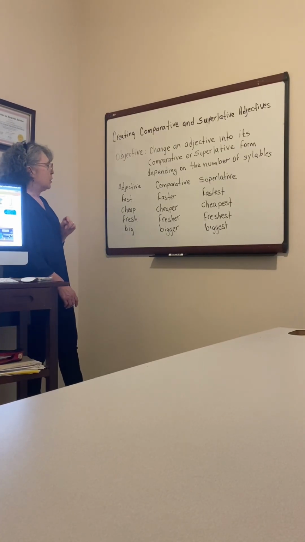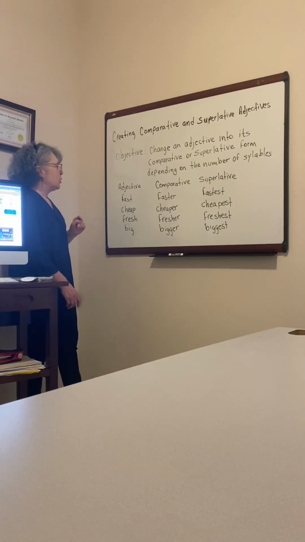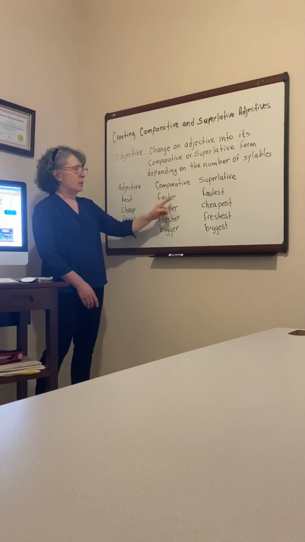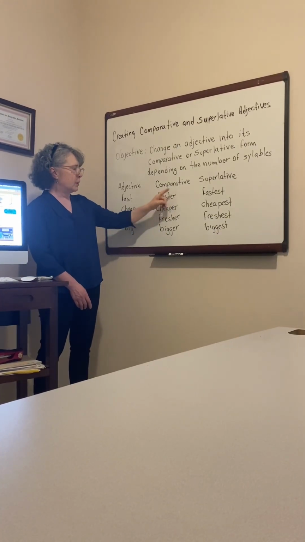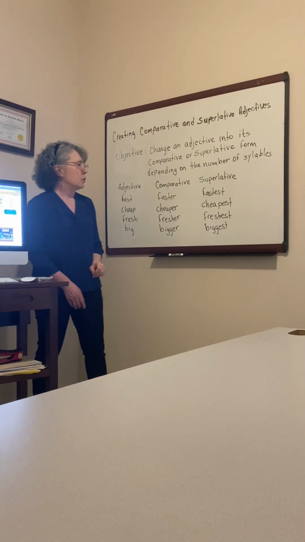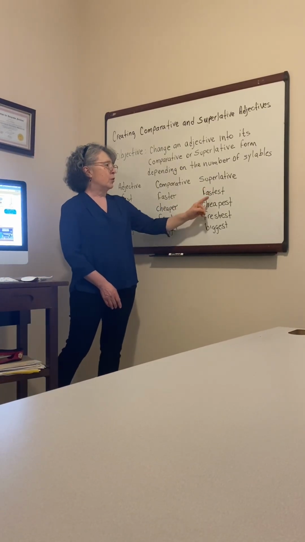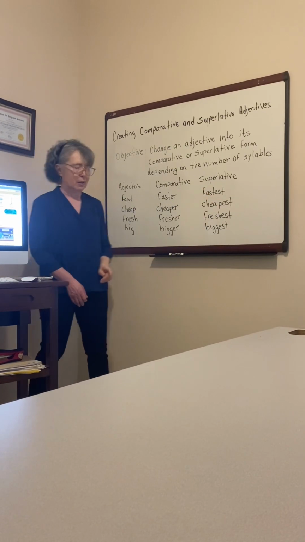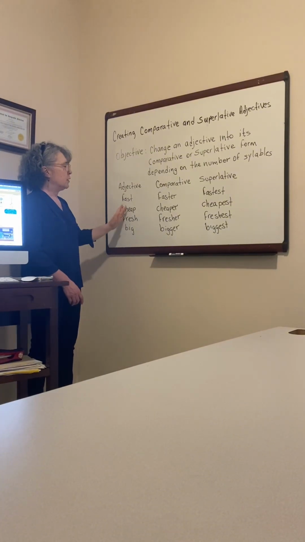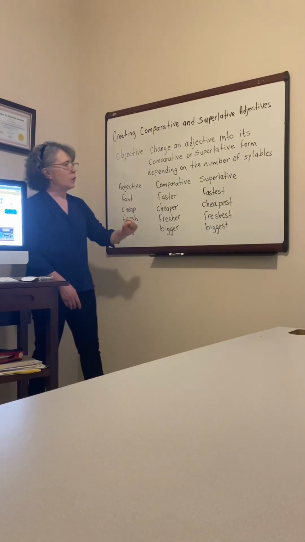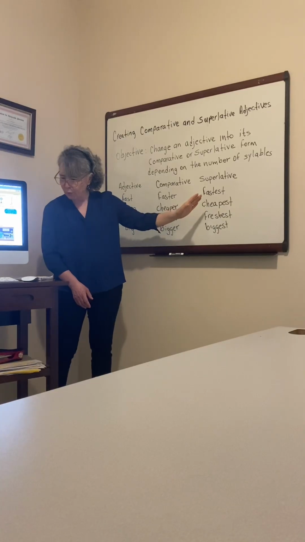For one syllable words, we're going to add ER to form the comparative. To form the superlative, we're going to add EST. So this is the adjective, this is the comparative form, and the superlative form.